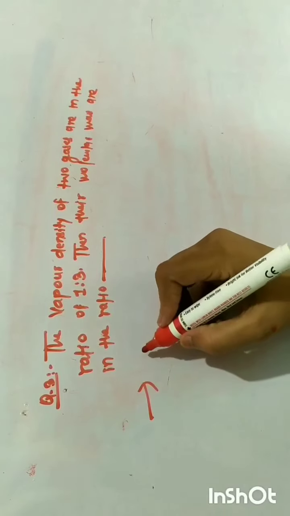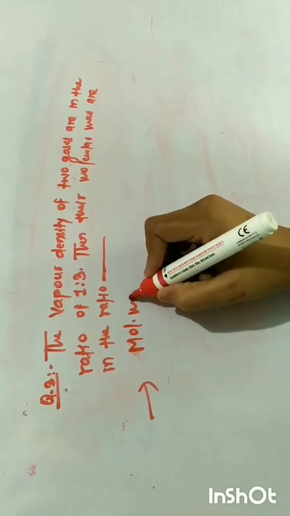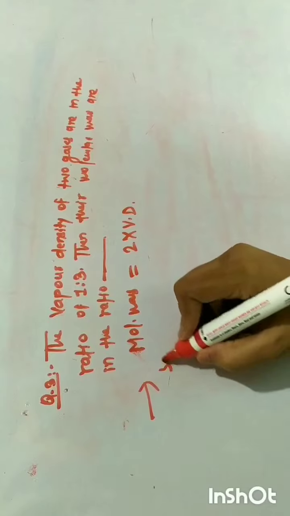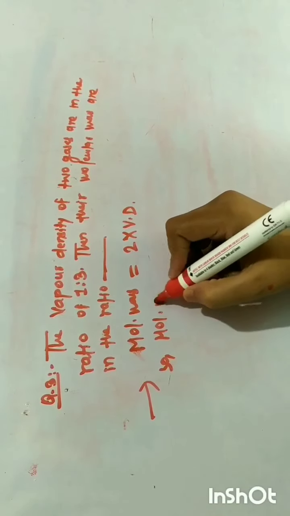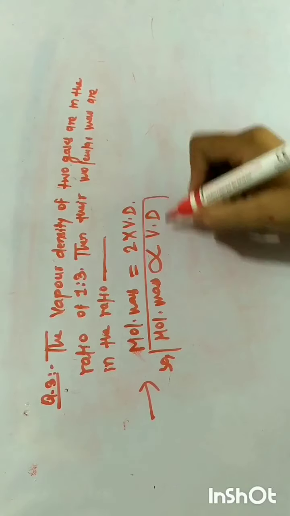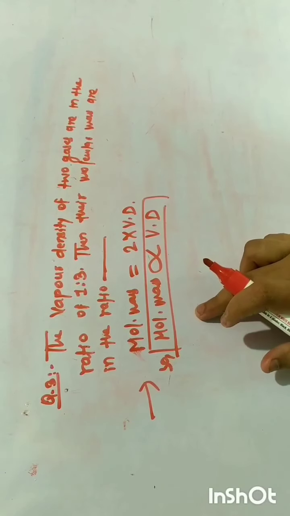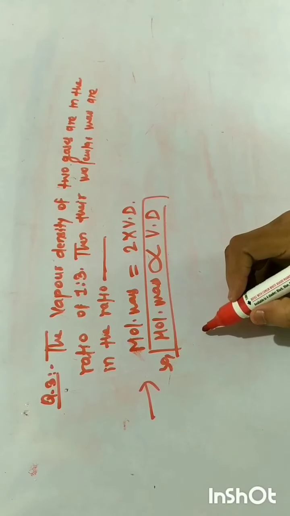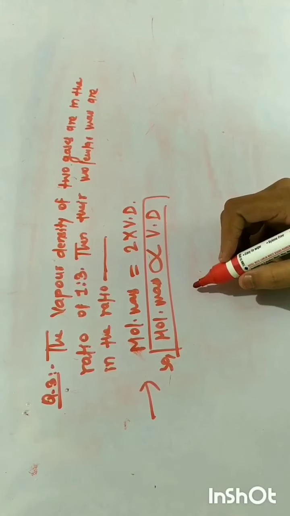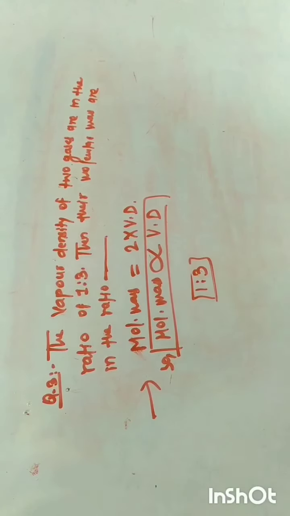Since we know that molecular mass of gas is equal to 2 into vapor density, molecular mass is directly proportional to vapor density, right? So whatever be the ratio of vapor density, it will be the ratio of molecular mass. If the vapor density of the two gases are in the ratio 1:3, then their molecular mass ratio will also be 1:3. Okay, so this is our answer.